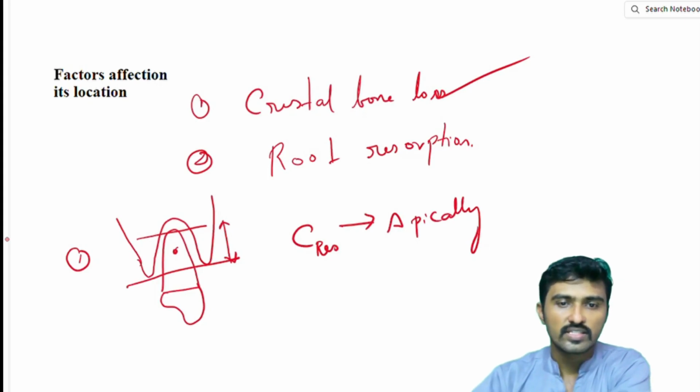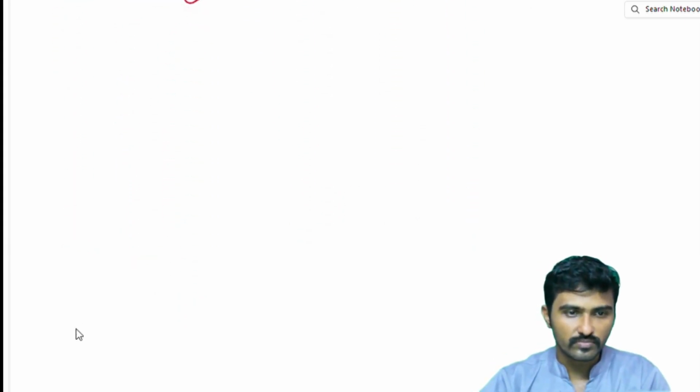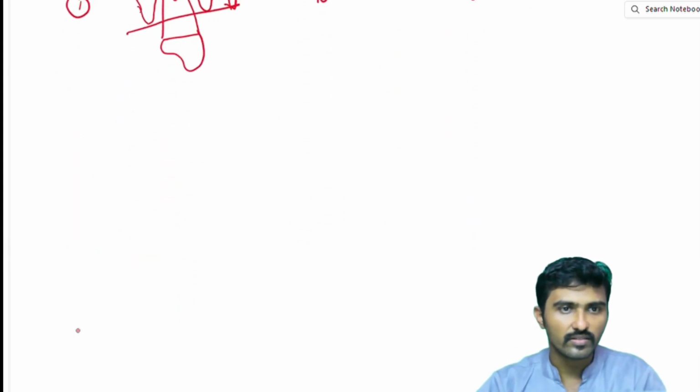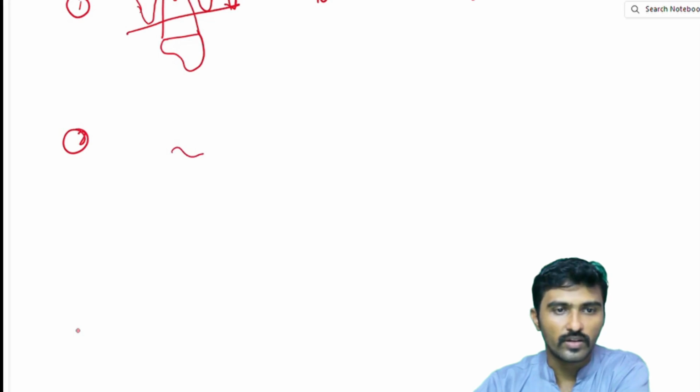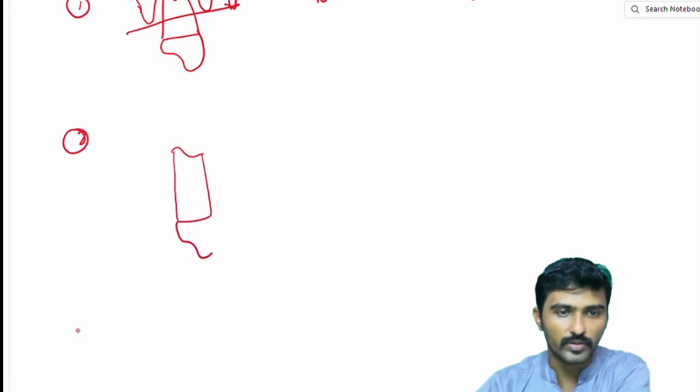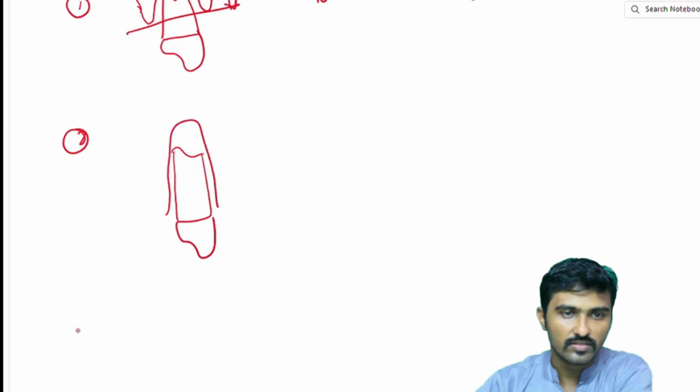Right. Scenario number two. Now we have root resorption. For example, this is the level of the root. So there is no proper apex, but we have the socket here, and here we have a proper alveolar crest.